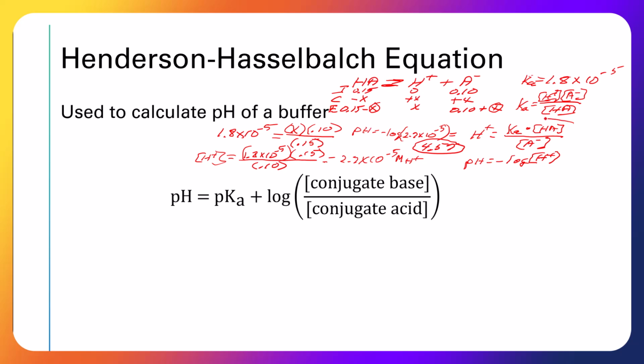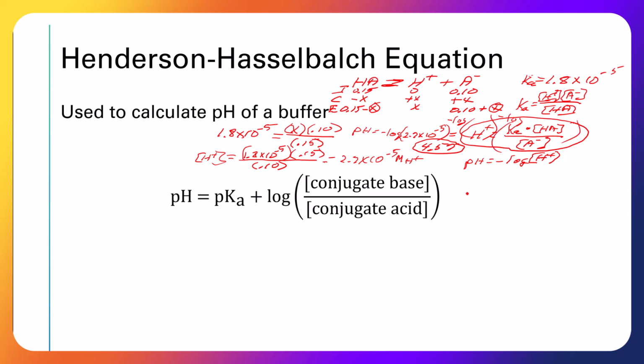There is an easier way to solve for the pH of a buffer solution. Now, this only works for a buffer solution. What I'm going to do is I'm going to take the negative log of both sides of this equation. Okay?